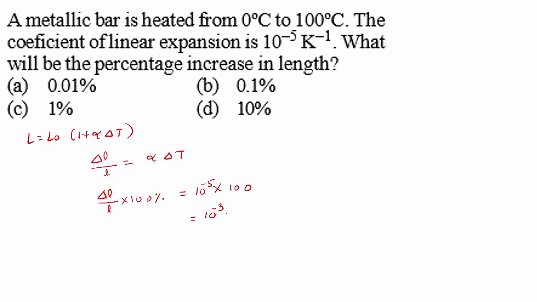Right? In terms of percentage, 10 raised to minus 3 is multiplied by 100. So we will get 10 raised to minus 3 plus 2, which is minus 1. So 10 raised to minus 1 means 1 by 10, which is equal to 0.1%. So 0.1% is the increase in the length of the metallic bar. 0.1%, option B is correct.